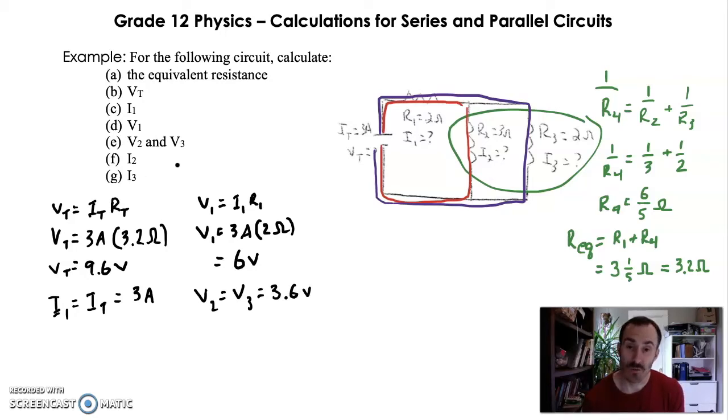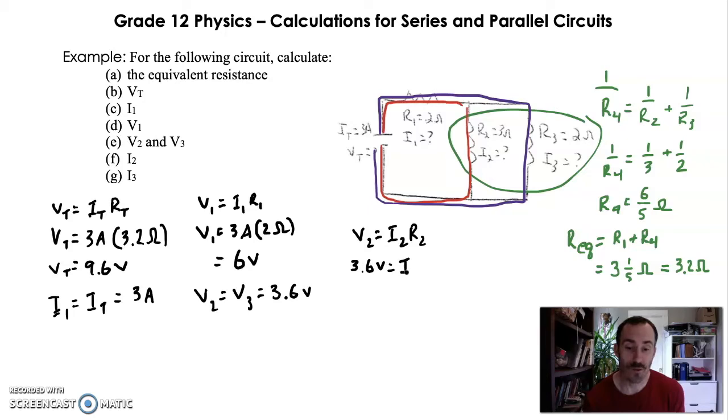Now, I2. Now that we know the resistance of this resistor, and we know the voltage drop, we can figure out the remaining current that's going through this branch using V equals IR. So V2 equals I2R2. And we know that V2 is 3.6 volts.